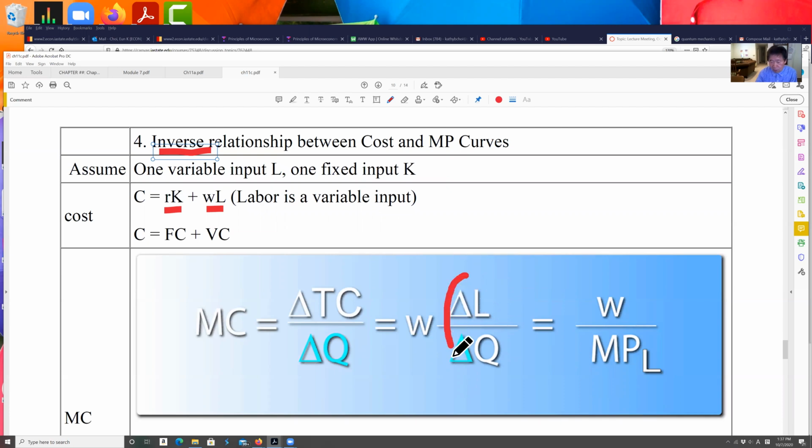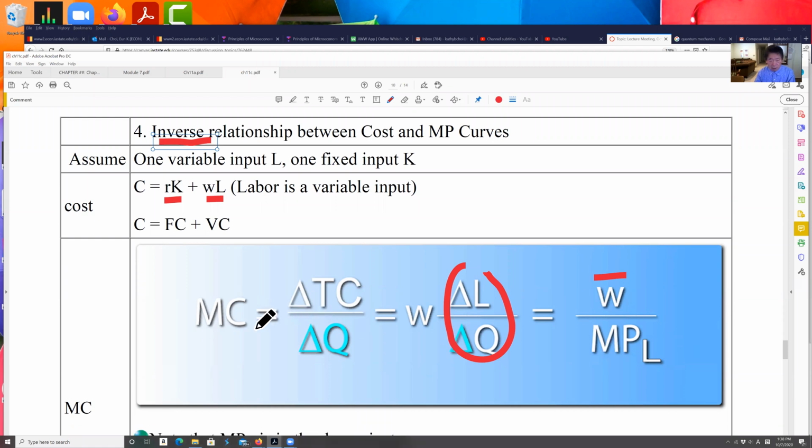But this term is simply marginal product of labor upside down. Marginal product of labor is change in Q divided by change in L, okay? So we now see wage rate is fixed. We now see there is an inverse relationship between MC and marginal product of labor.